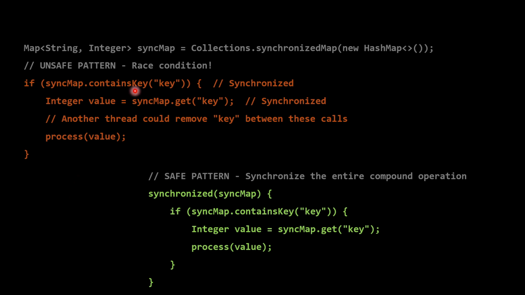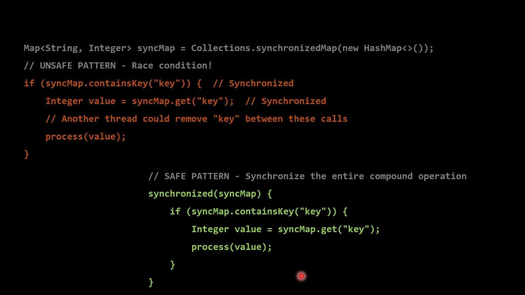However, between the containsKey check and the get operation, another thread could modify the map, leading to race conditions. That's why we need to put all these compound actions in a synchronized block to make it thread-safe.